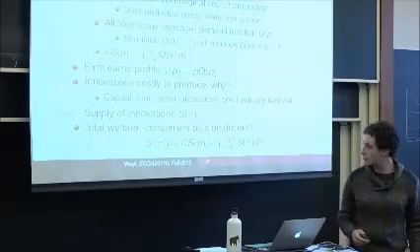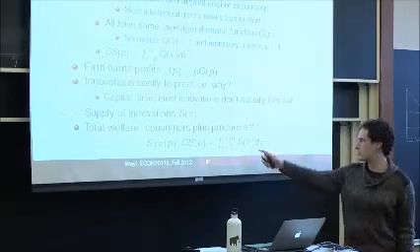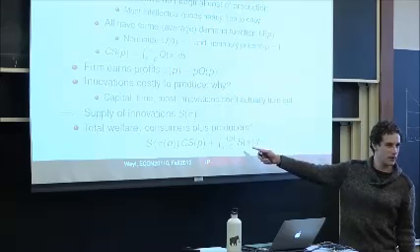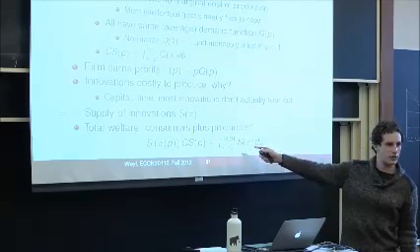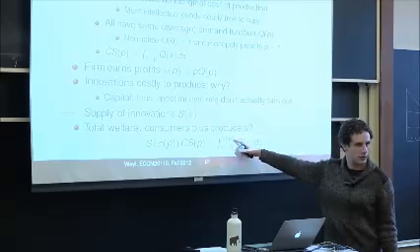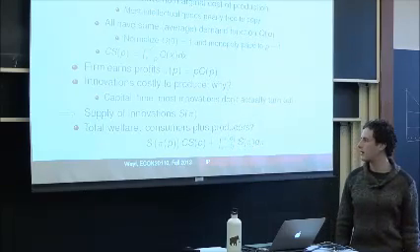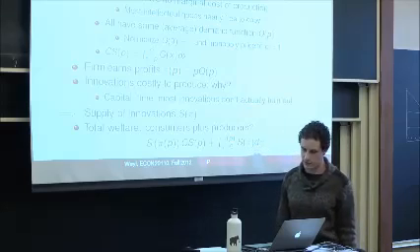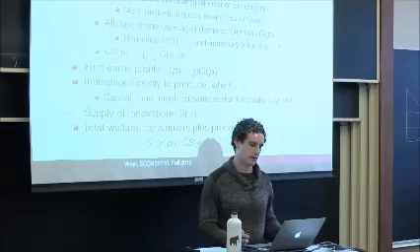And a simple way to capture both of those things is just to take the producer surplus, which is the integral of the supply function from the profits being equal to 0 to the profits being equal to pi of p, the profits that they make at the equilibrium price p.